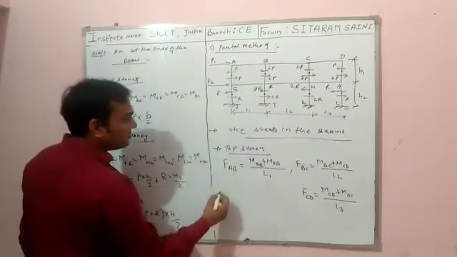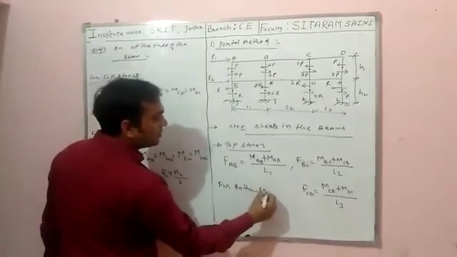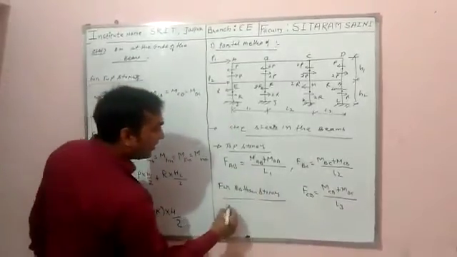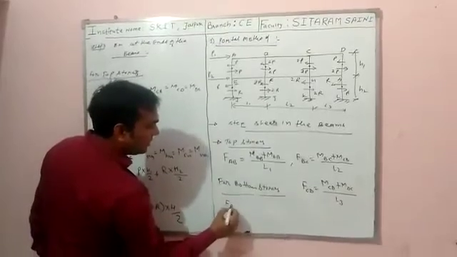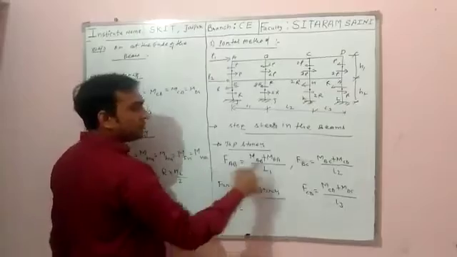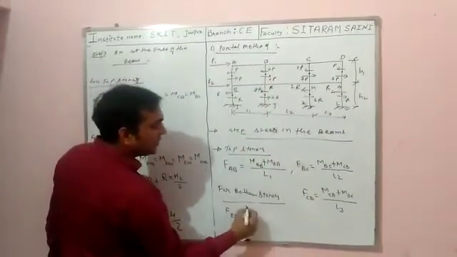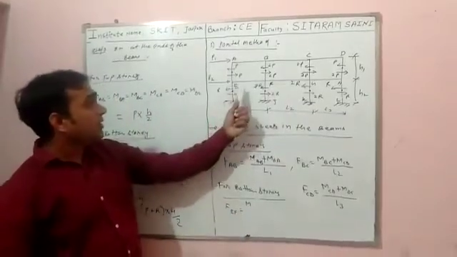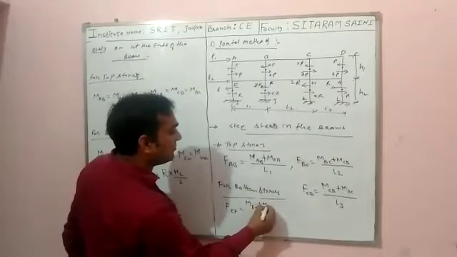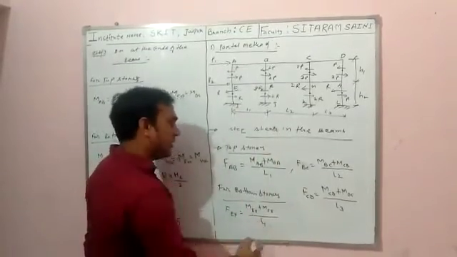Likewise, for the bottom story, these all are the shear in the beams. FEF equals MEF plus MFE upon length L1, the length of the member.